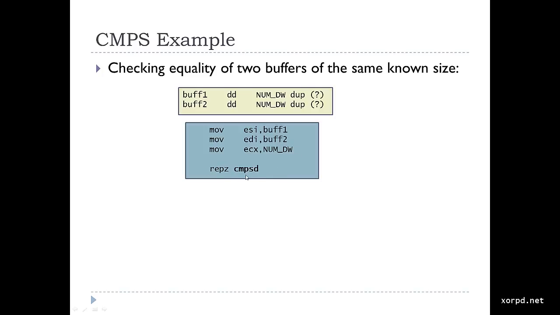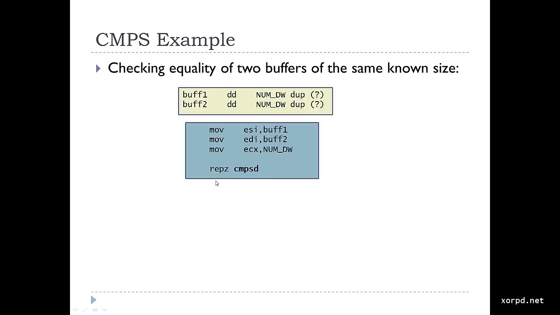Now let's discuss this instruction. I remind you that the instruction compare SD is just about comparing one D word every time. It compares one D word from buff1 against one D word from buff2. And then it moves to the next two D words.